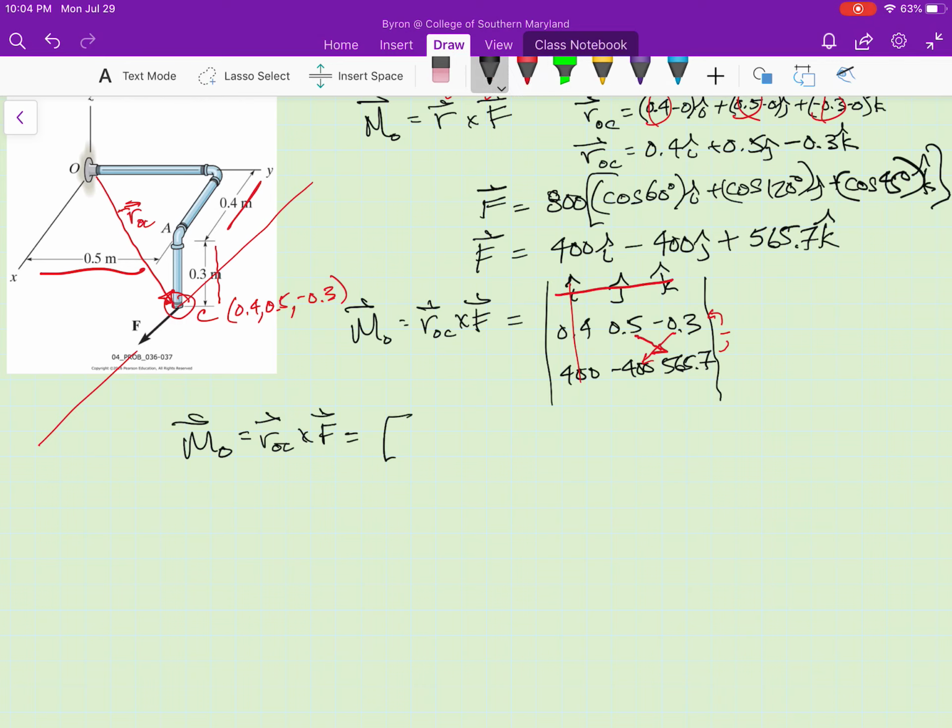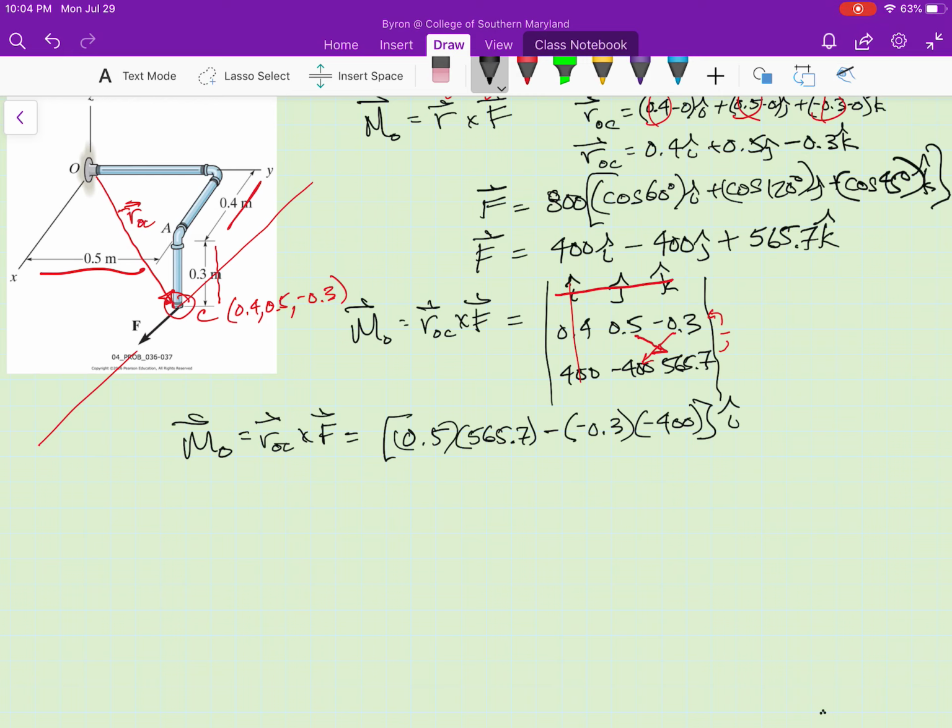And all that will be times I. So we're going to have 0.5 times 565.7 minus negative 0.3, you've got to be careful with the minus signs, times a negative 400, I.